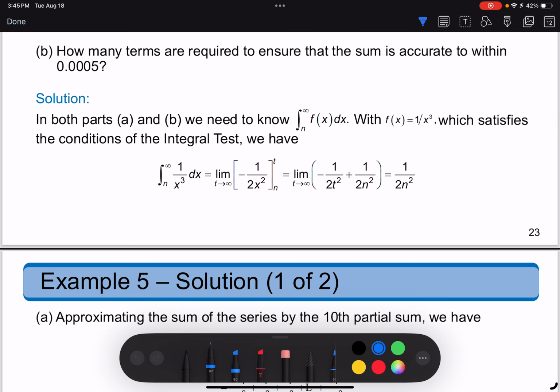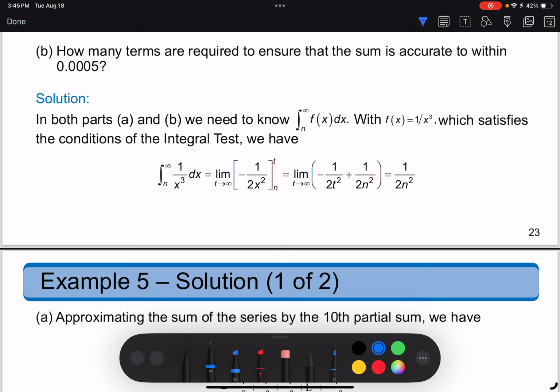So in both parts A and B, we need to take the integral of f of x dx with f of x equal to 1 over x cubed, which satisfies the conditions for the integral test. So we integrate x raised to negative 3 dx. The integral would be x raised to negative 2 over negative 2, or negative 1 over 2x squared. We will be evaluating this from n to t as t approaches infinity.